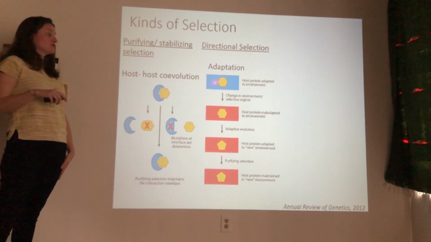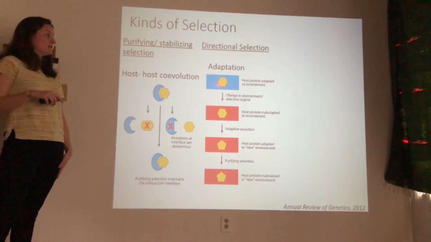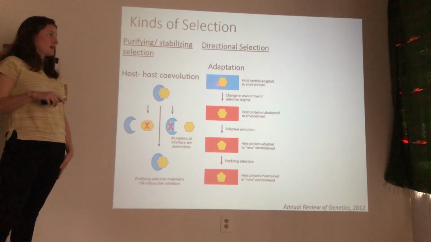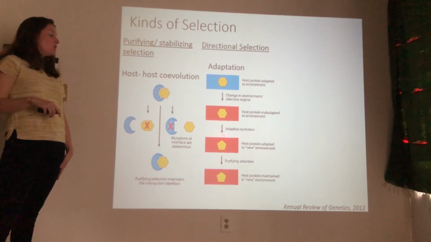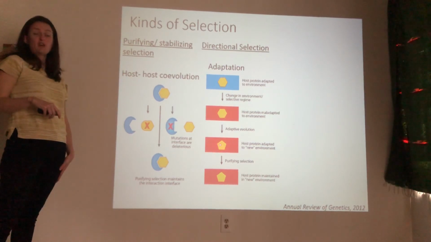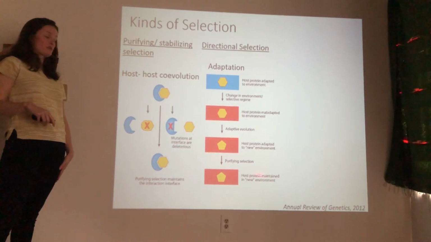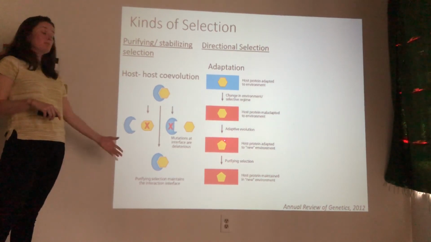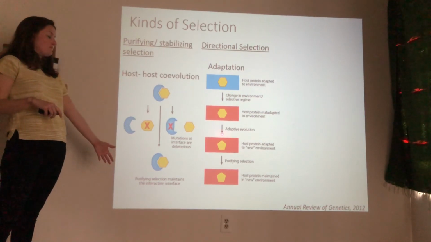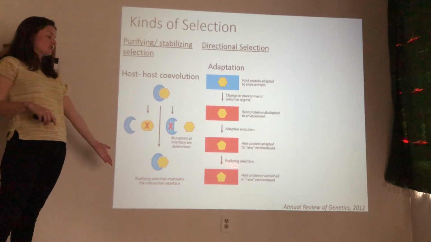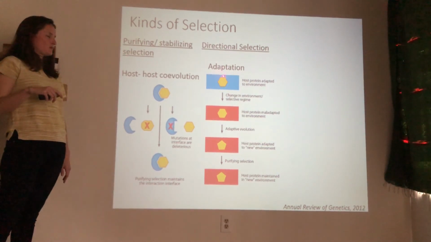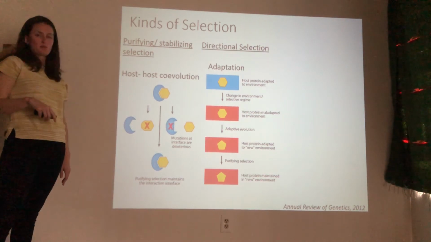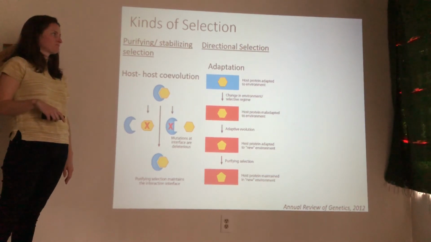So you're going to get directional selection in the direction of things that confer survival in lower pH. However, once you've now adapted to that new environment, you're likely to be under purifying selection again. So once you've made the changes, any deviation from the new optimum is probably going to be selected against. So we can undergo directional selection, and then once we've reached the goal, be undergoing purifying selection again.